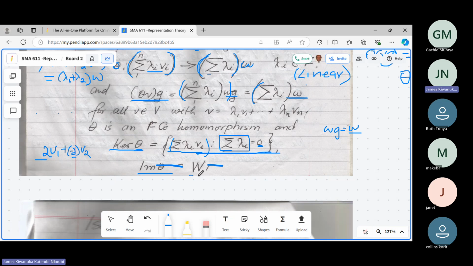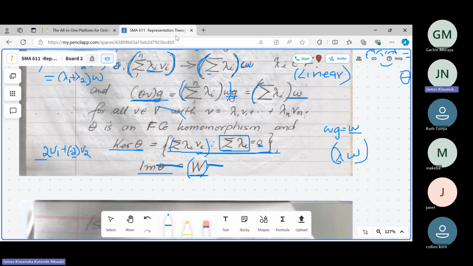The map is surjective. The image is the whole of W. It's a surjective map. I think that's obvious to see. Because the map is made up of elements that are multiples of W. If lambda is some number, you can always get n different numbers which add up to lambda.